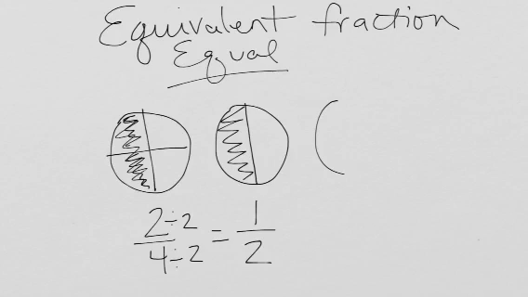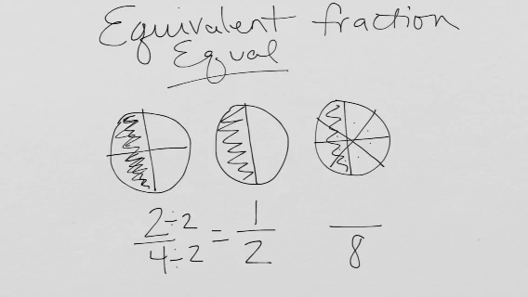So I know that 2/4 and 1/2 are equivalent. But I could also take that fraction, and if I have my 2/4, I could also make more cuts. And now I see that I have 1, 2, 3, 4, 5, 6, 7, 8 parts. And of those 8 parts, 4 of them are shaded in.